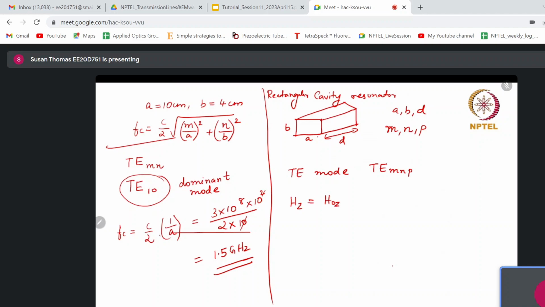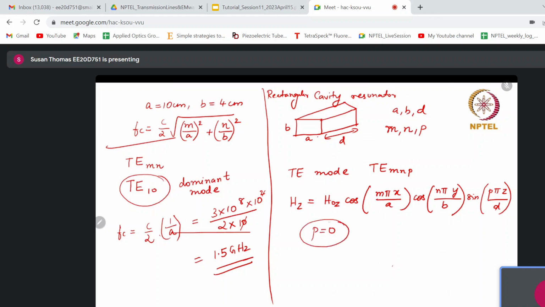HZ is H naught Z cos of M pi x by A, cos of N pi y by B, sine of P pi Z by D. In this particular case, suppose P is 0, sine 0 becomes 0, in which case this field value Hz does not exist.